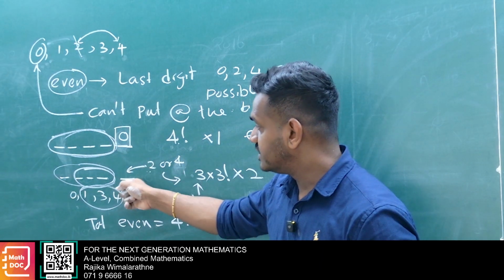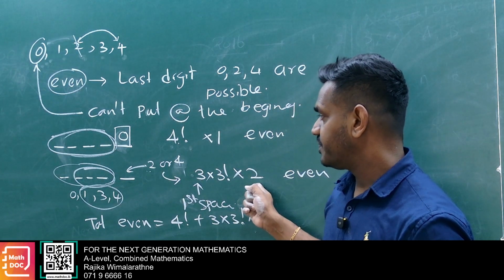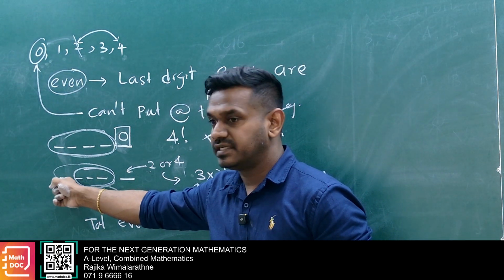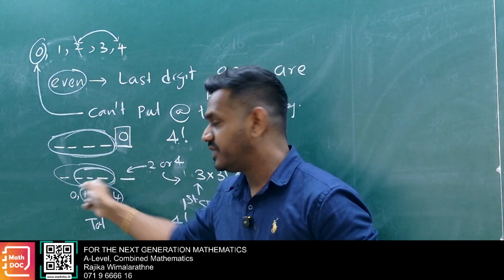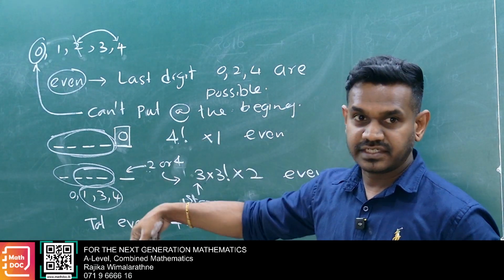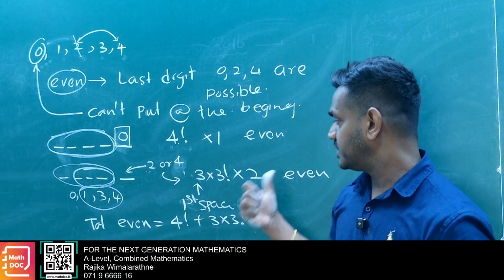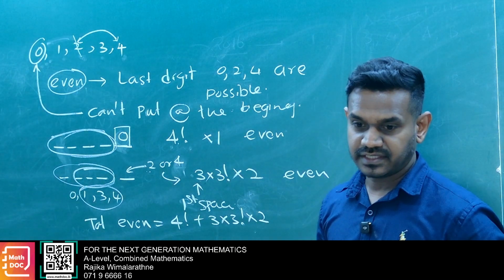Then for the last digit you take 2 or 4, 2 ways. Then for the first digit we can't put 0, so we have 3 possibilities. Then the remaining 3 we can arrange anyway, 3 factorial. Then first digit not 0, last digit 2 or 4, that means it is even.